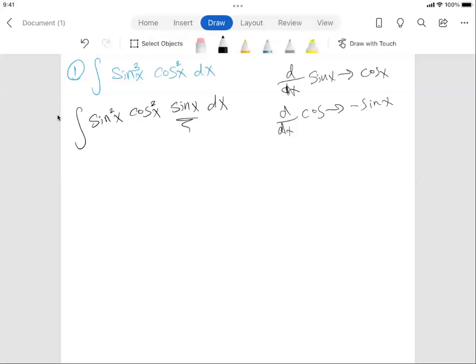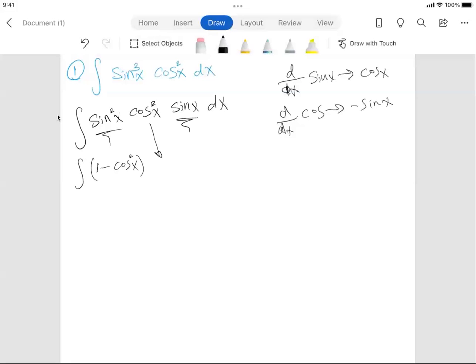The derivative of cosine is negative sine, so it would be better to convert this term into cosine of x. As we know, sine squared can be written as 1 minus cosine squared of x.